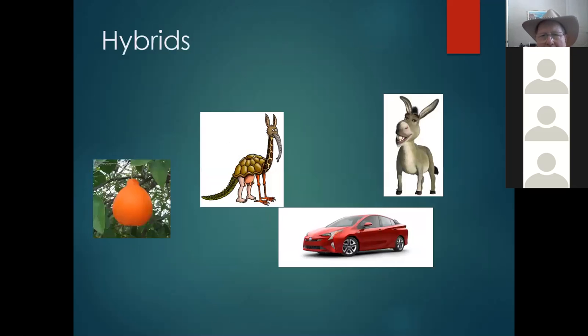So what we're going to do with those atomic orbitals is we're going to hybridize them. We're going to make a tangelo from a tangerine and an orange. We're going to make a mule from a donkey and a horse. Yeah, I know it's a donkey, but let me go with that analogy anyway.